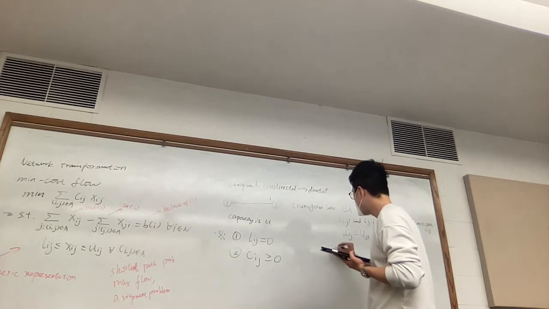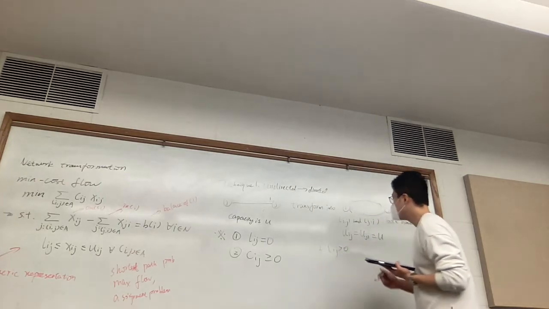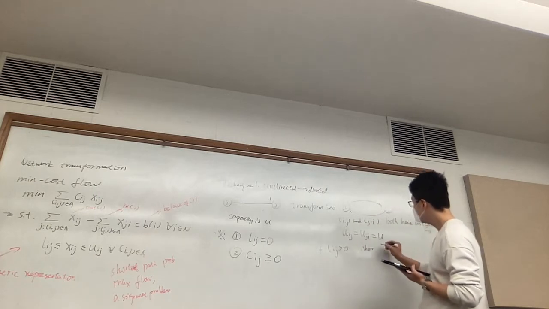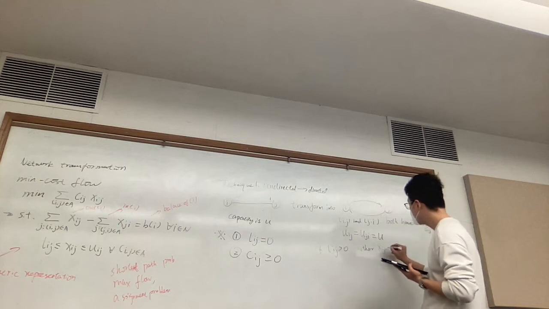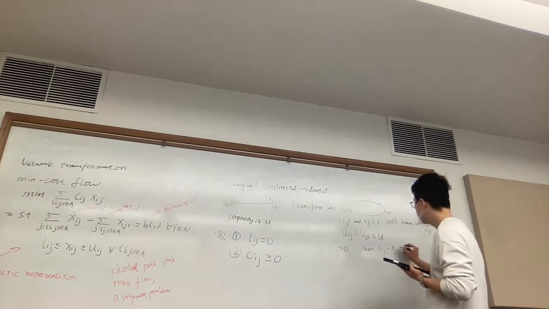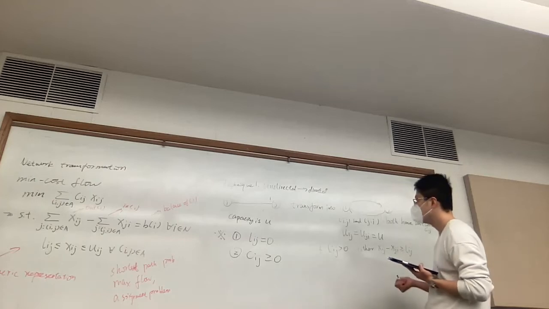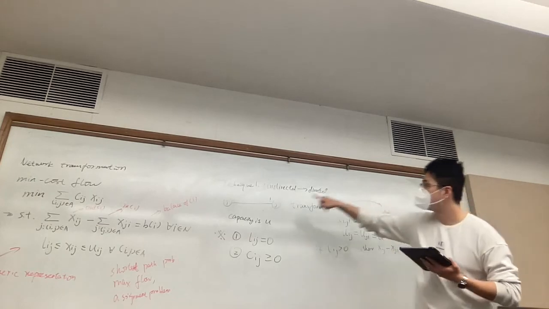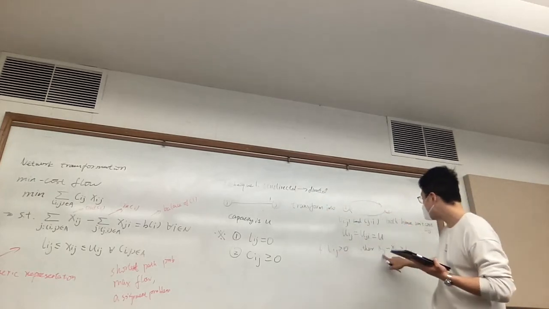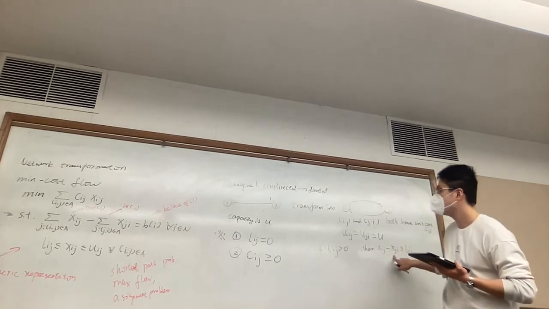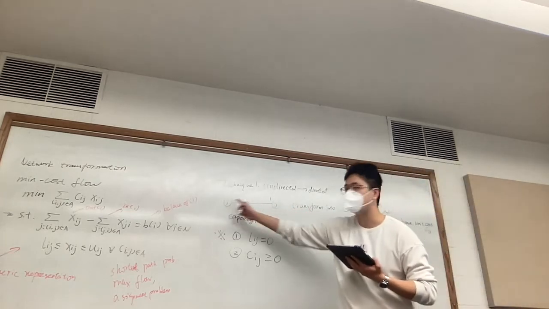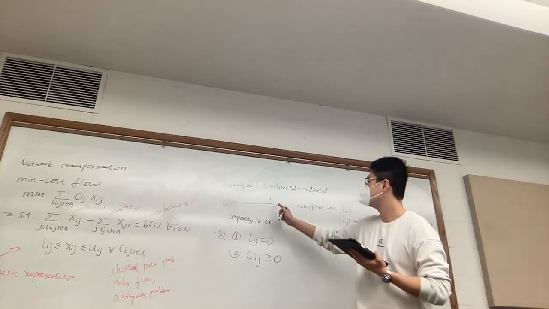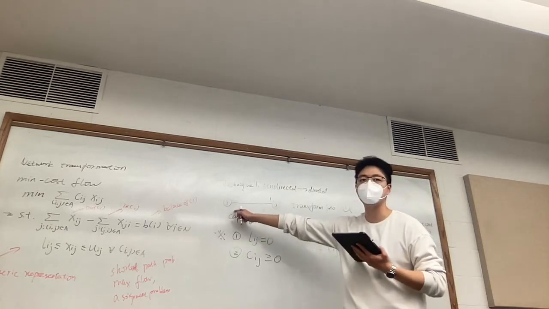This means that you either need Xij minus Xji to be larger than or equal to Lij, because if you transform the solution of this problem into this problem, if Xij is greater than Xji, then it is equivalent to there being only flow from I to J. And if Xji is greater than Xij, it means that there's only flow from J to I, right?